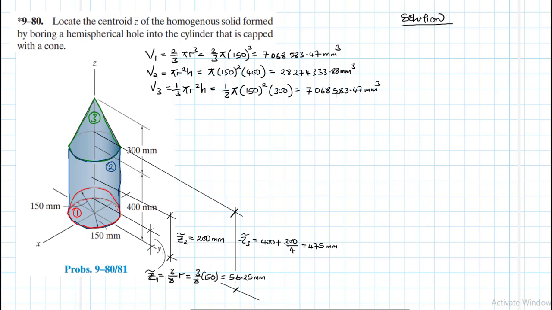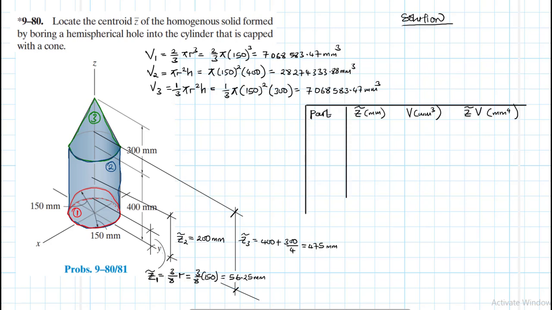So we move on. Having found this, we can draw a table quickly. You can say part, then Z curled, which is in millimeters, then volume, which is in millimeter cubed, then Z curled volume, which is in millimeter to the power 4, right? Great.